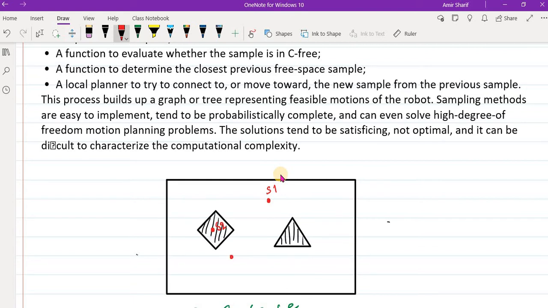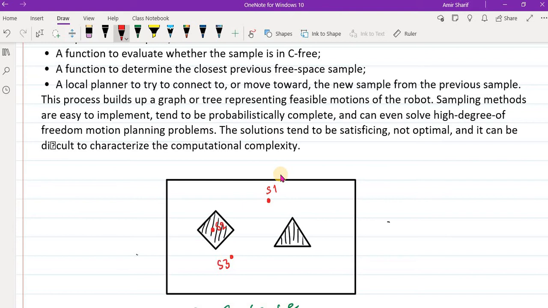This is our sample 3, and now we need a function to relate this new sample with the previous sample.